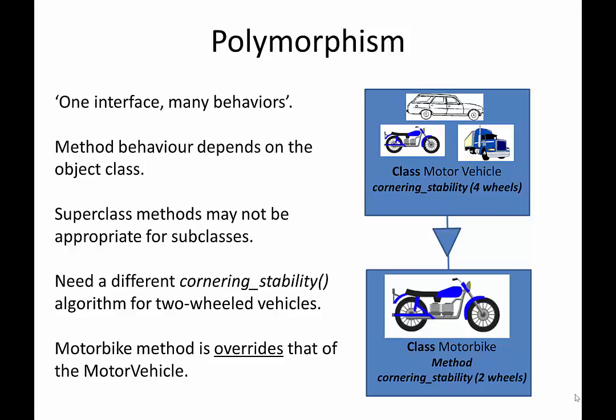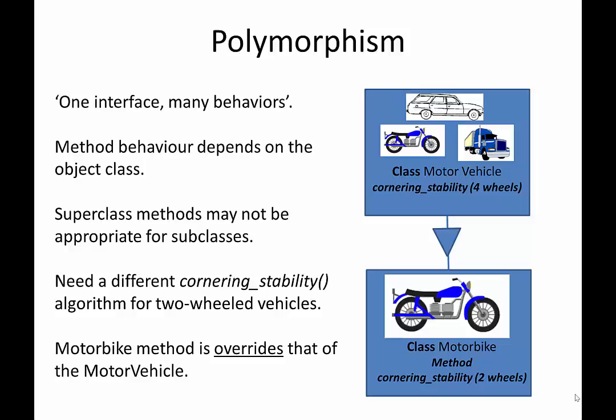But we need a different algorithm for the motorbike. So what we can do is define a new algorithm in the class motorcycle, and this algorithm, what we call, overrides the one defined in the superclass.